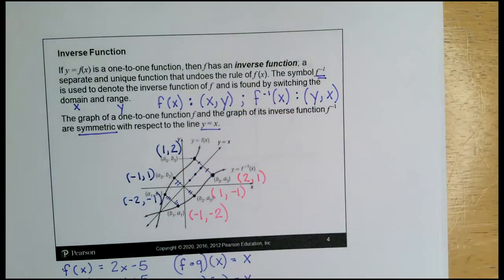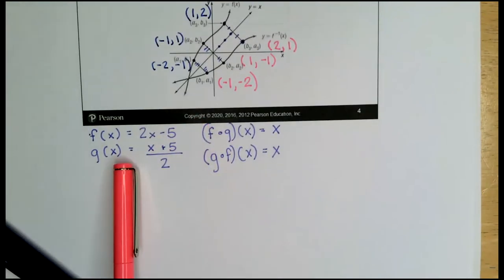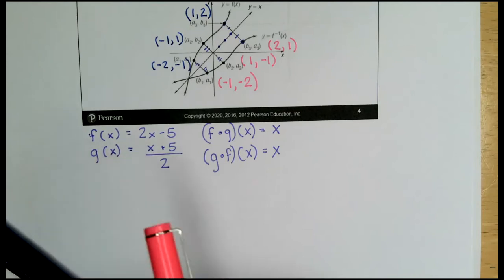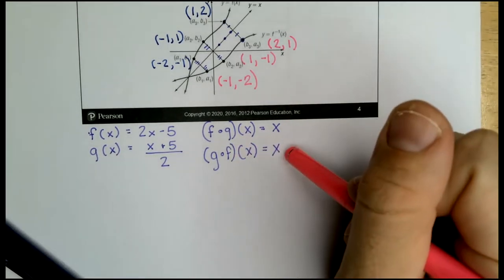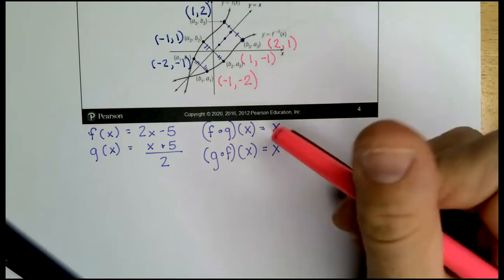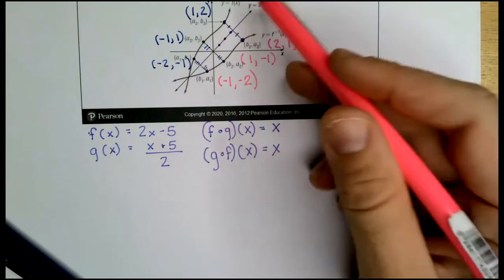So now that we know all of this, I can go back and say that g of x is f's inverse of x, because when I composed g of x with f of x, they canceled one another and they only leave x. And the value f of x equals x is the line y equals x.